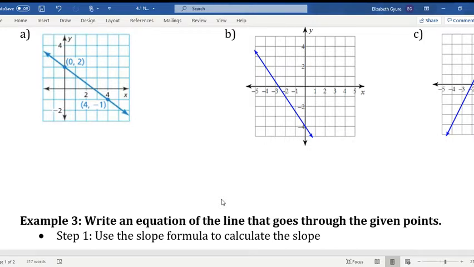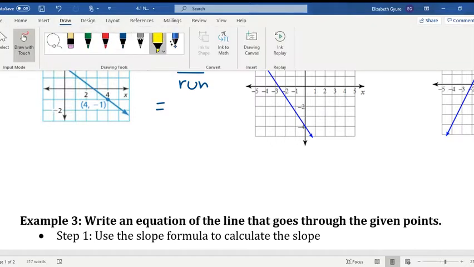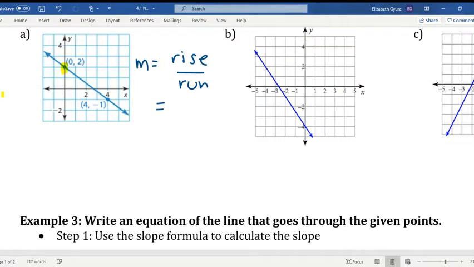So let's first find our slope. So that's our m. Remember, that's rise over run. And remember, when we do this, we always pick a point on the left, right? And then go to your point on the right. So my point on the left here is here.